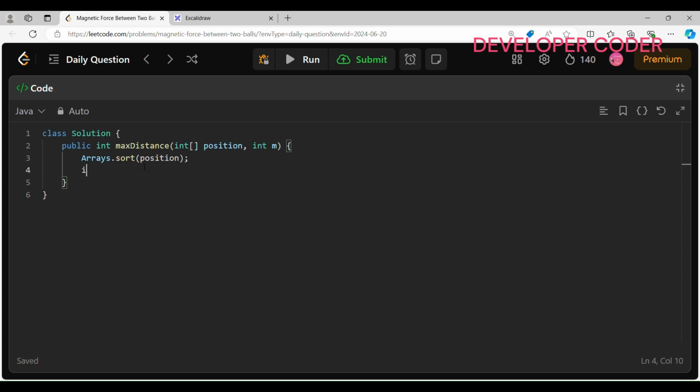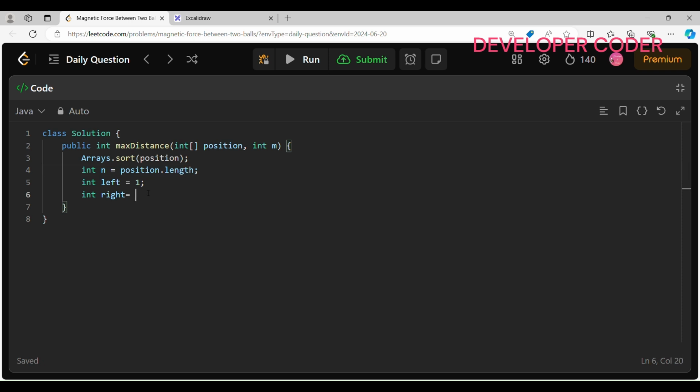So left is going to be nothing but the minimum distance, if I just place the balls together. So here I am just going to write 1 initially, and my right is going to be the max distance. So how are we going to get the max distance? Let's take a variable int n is equal to position.length.